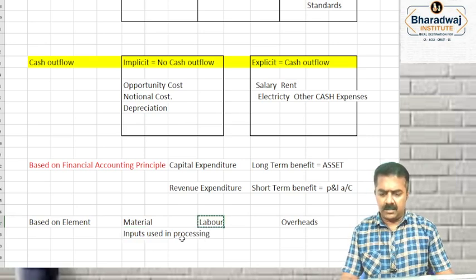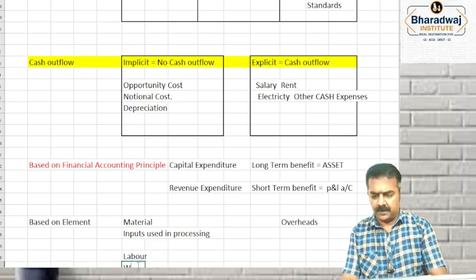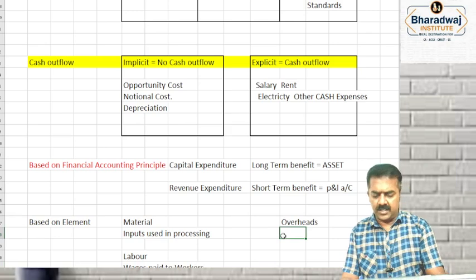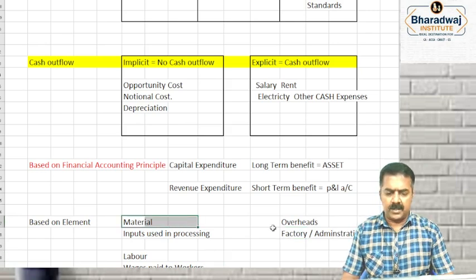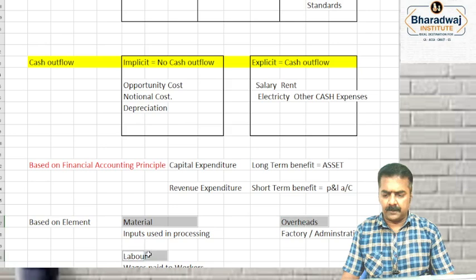Labor is nothing but wages paid to the workers. What is meant by overheads? It can be factory related overheads or administration related overheads, or it can be selling related overheads.